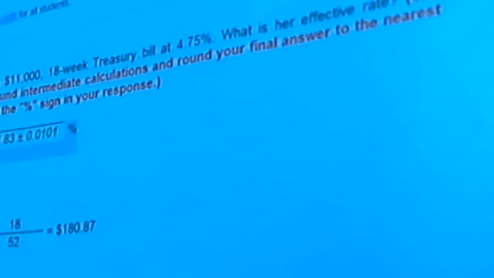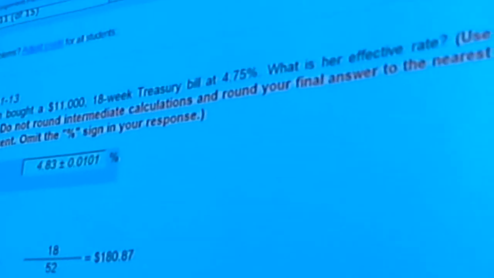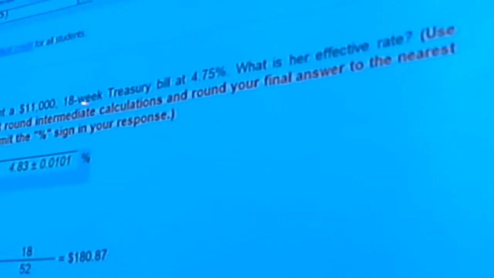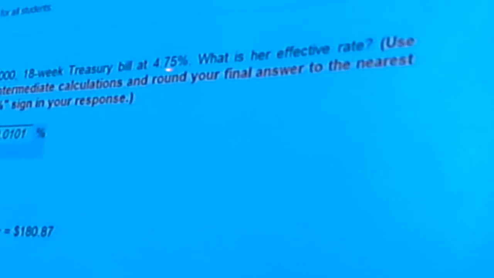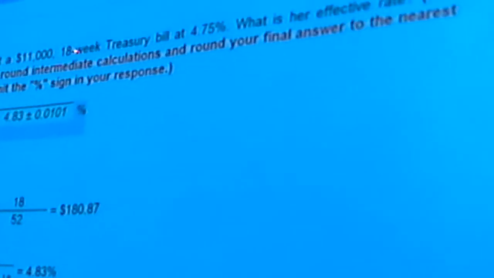They told us they were usually 13 weeks, but anyway. This one is an 18-week maturity. At 4.75%, that is your rate. So 18 weeks, 18 over 52 weeks in a year. You get 180.87. You're going to use the same formula you did in the last 3 problems.